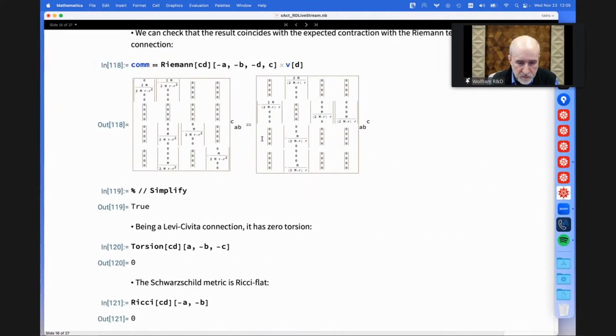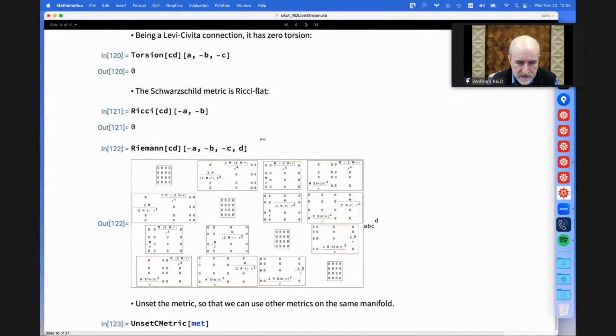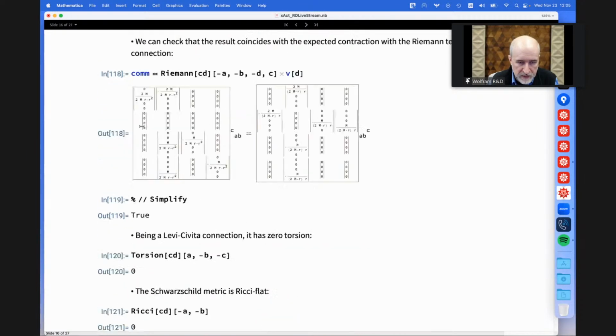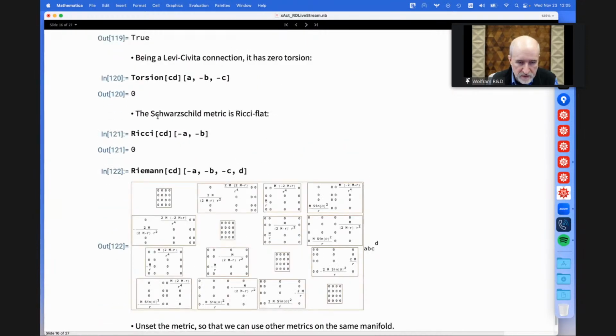Yes, it would be a computation like this one, right? I probably cannot now redo the whole thing, because I don't have these objects loaded now. But if you just write here RicciScalar of CD bracket bracket, it will get you the Ricci scalar, which in this case is 0, of course.